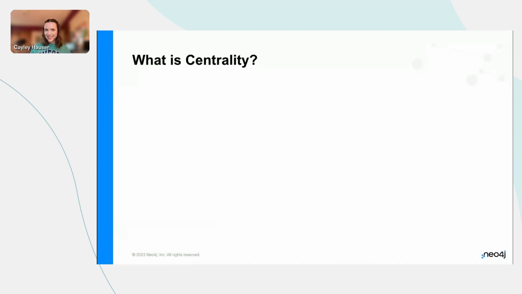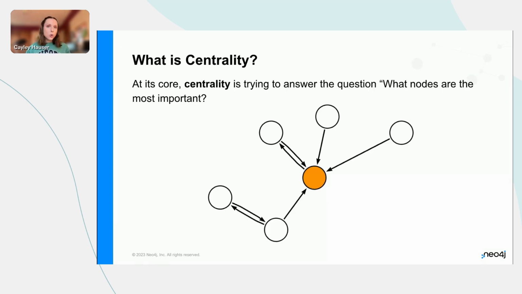So to begin with, we are going to have to answer the question, what is centrality? At its core, centrality is trying to answer the question, what nodes are the most important in your graph? And due to the nature of this, centrality algorithms are a suite of algorithms that are really unique to graph. And as a data scientist, this is one of the reasons I find centrality so interesting.